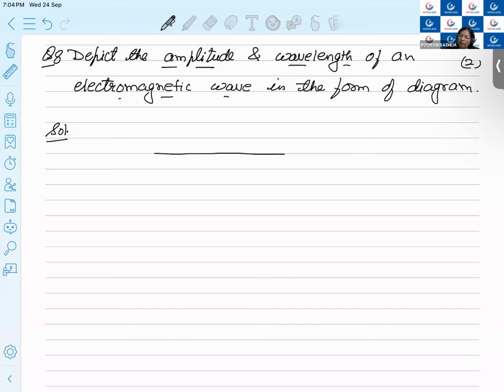See, the electromagnetic wave can be represented in the form of this figure. And in this figure, we have 2 marks. What? Amplitude and wavelength. Now see, the maximum displacement from the mean position, that is known as A. What is A?